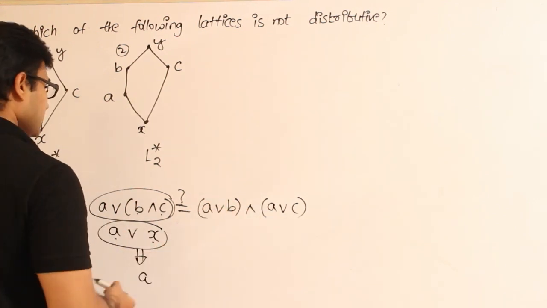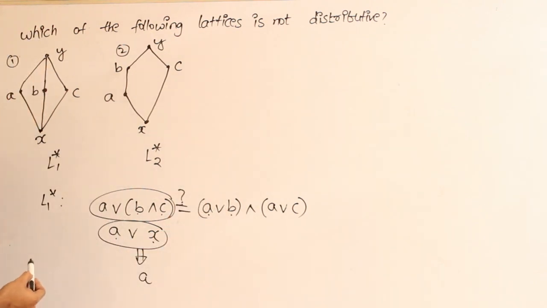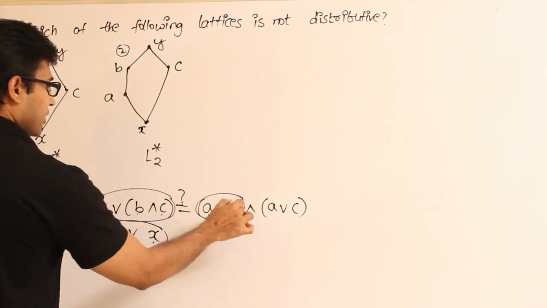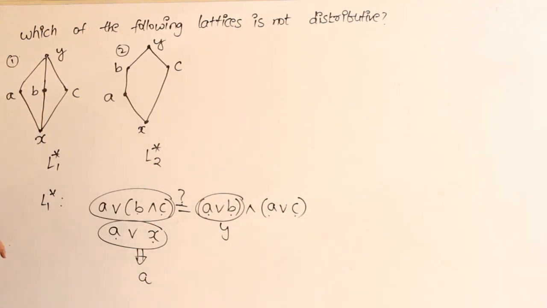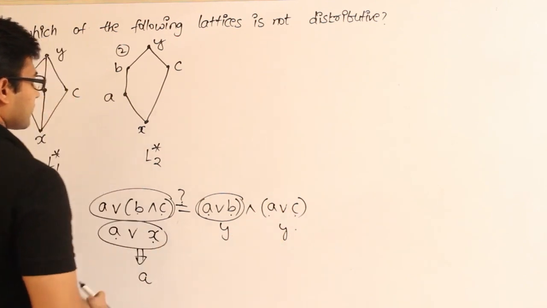Now let's look at the RHS. For A and B, what is the least upper bound? For A and B, the least upper bound is Y. And for A and C, what is the least upper bound? For A and C, the least upper bound is also Y, isn't it?